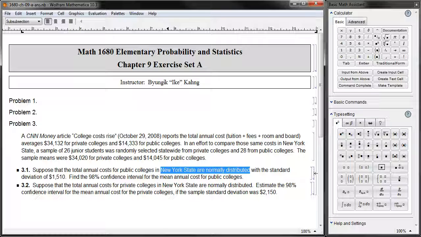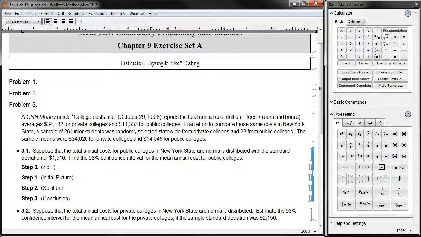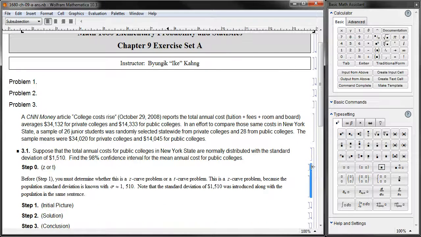Anyway, let's do 3.1. And here it is a z-curve problem because population standard deviation is known. Well, that's actually easy for me to say after talking about all the criteria. The key distinction between z or t was whether the standard deviation came with the same sentence as population or the same sentence as sample.